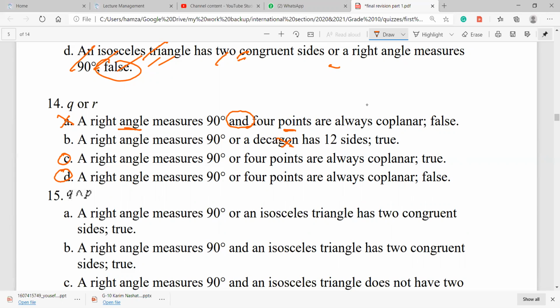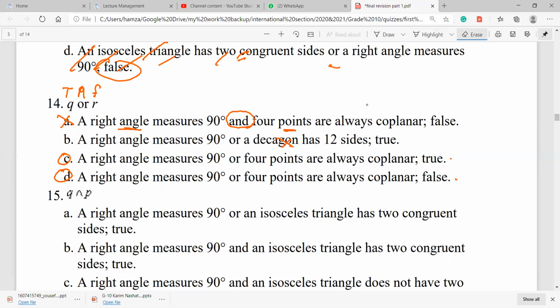What is the difference between them? One of them is true and the second is false. So let's check, guys, is this statement true or false? Q is true, I remember it. R is false. So true or false, guys?